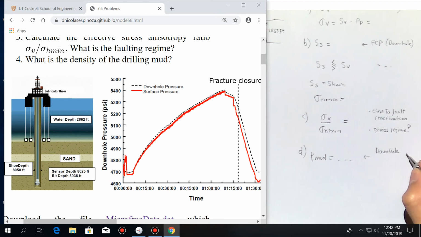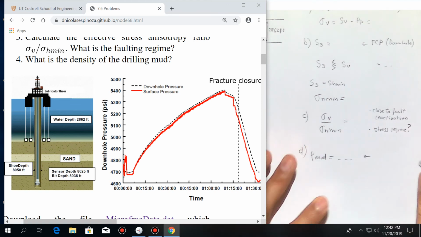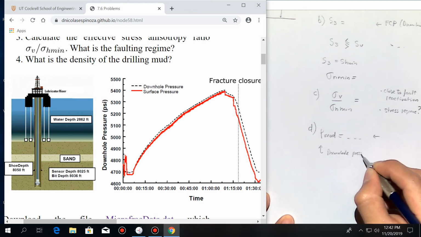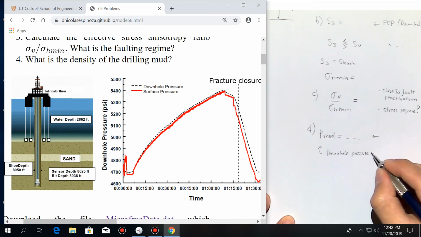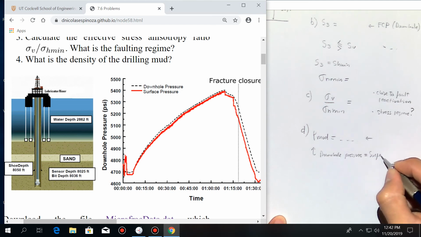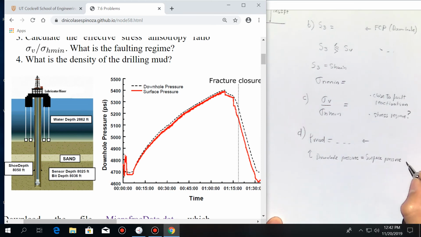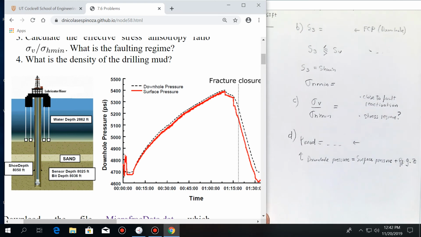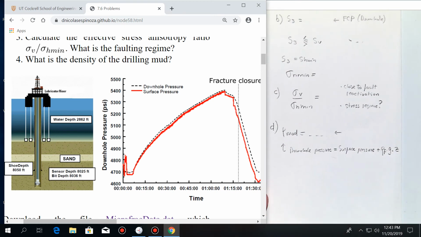Let me do it down here because I'm not going to have space. The downhole pressure is going to be equal to the surface pressure plus the pressure of the column of fluid, so the density, I'm going to just put here in general fluid, in your case drilling mud for this problem, times g, times the true vertical depth between the surface and the downhole condition. And this equation is going to be the same for other cases.